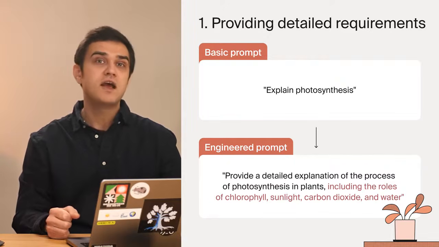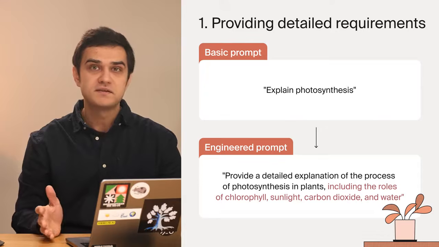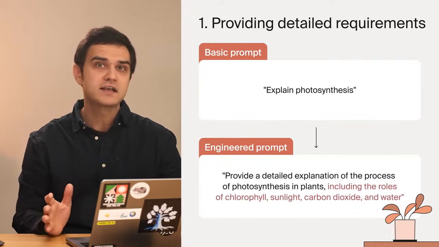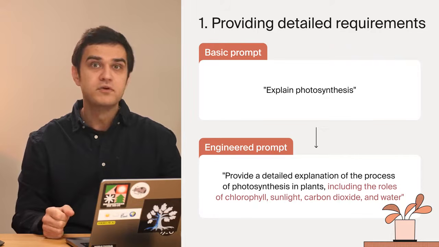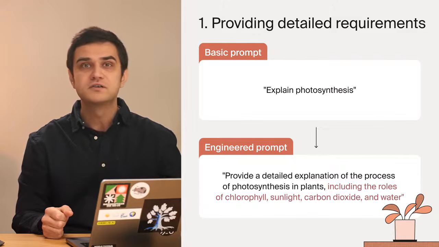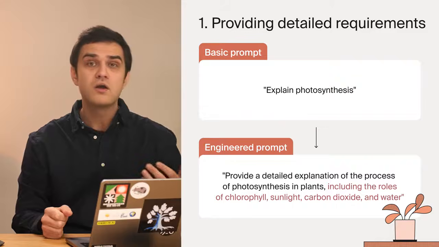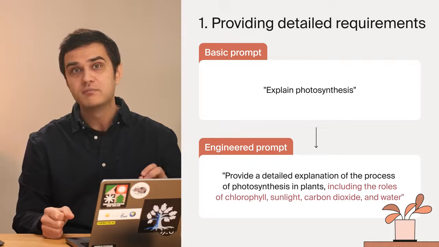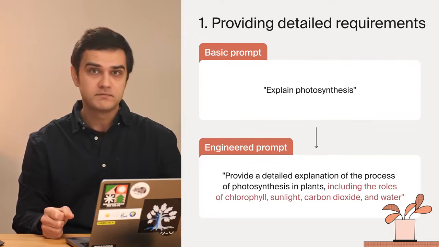If you simply say, explain photosynthesis, the AI will likely give you a short, generic explanation. But if you refine it to include specific factors you're interested in, the AI will generate a detailed response with exactly these elements and produce a more informative output.